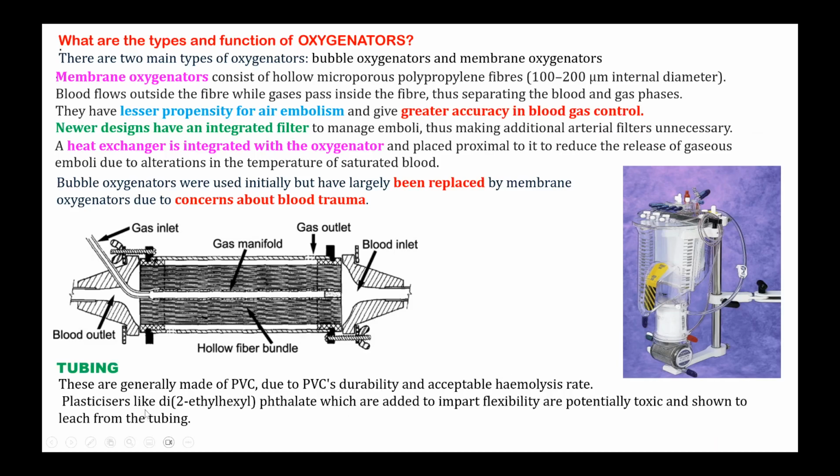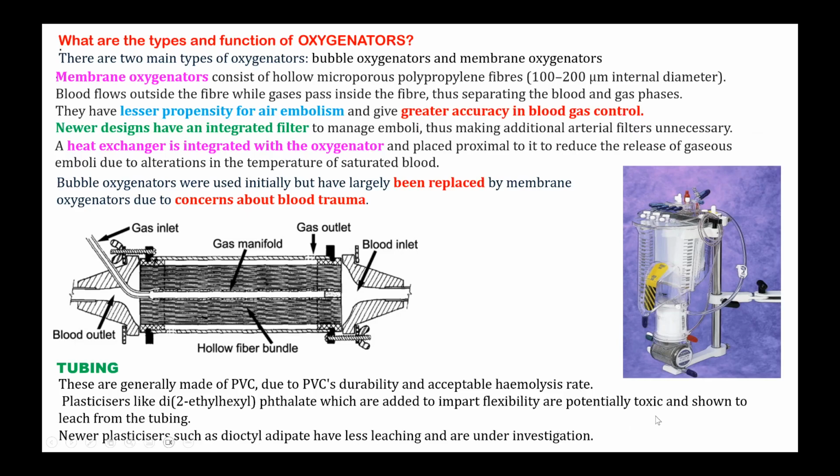And plasticizers like diethyl phthalate, which are added to impart flexibility, are potentially toxic. To give flexibility, they add this phthalate, which is a chemical which can leach from the tubing, get detached and mix with the blood. So they are now trying to improve that with another plasticizer called dioctyl adipate, which is less leaching and is under investigation.